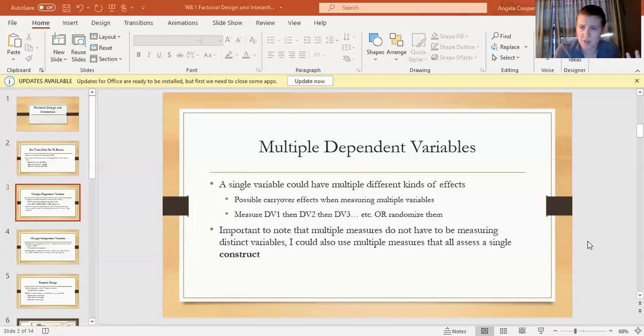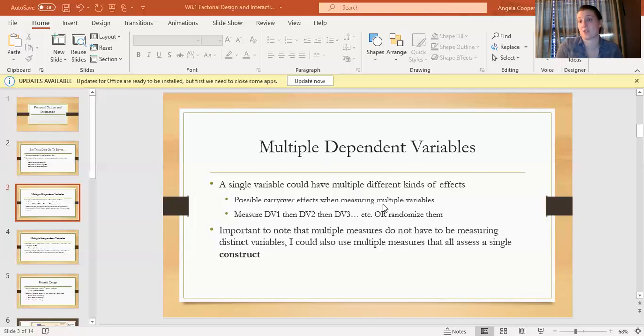So when it comes to controlling for these carryover effects, we do the same things that we would do for within subjects design, where we randomize the order that participants do them. So we're randomizing the order of the multiple measures of stress.